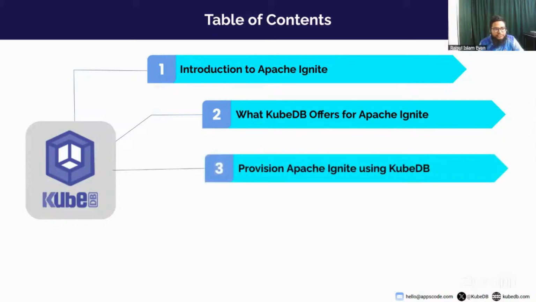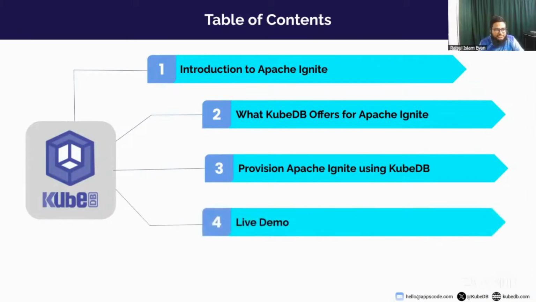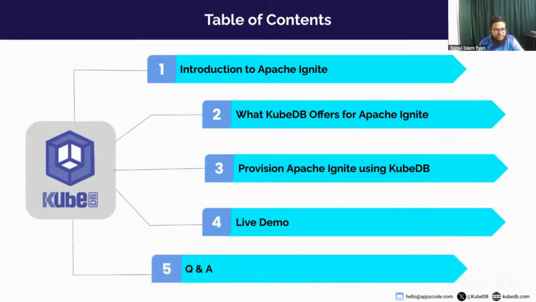Then I will discuss how to provision Apache Ignite on Kubernetes using KubeDB. After that, there is a live demo session where I am going to demonstrate how to provision and manage Apache Ignite on Kubernetes using our KubeDB support. And finally, we have a QA session where you can ask me any question regarding this whole stuff.